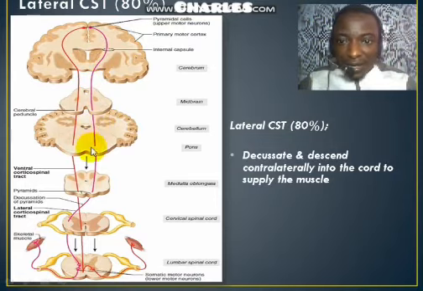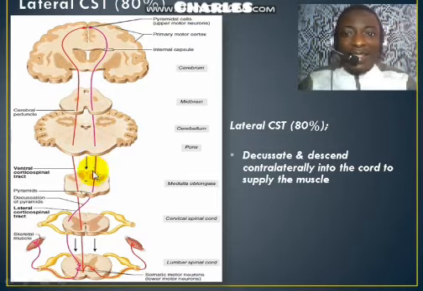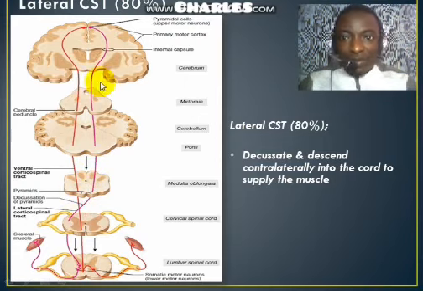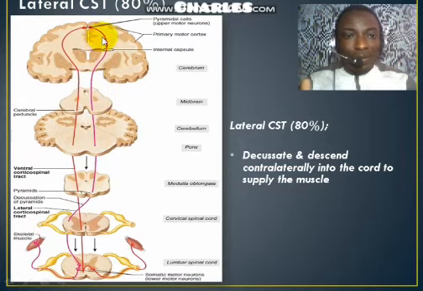I said that earlier. So it decussates and descends contralaterally. Look, it was actually descending ipsilaterally, that is on the same side of the cord. This is the lateral corticospinal tract descending ipsilaterally. It descends the midbrain, the pons, and the medulla ipsilaterally.